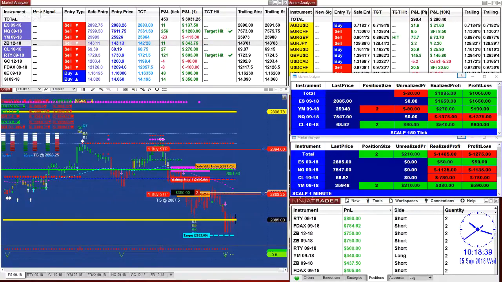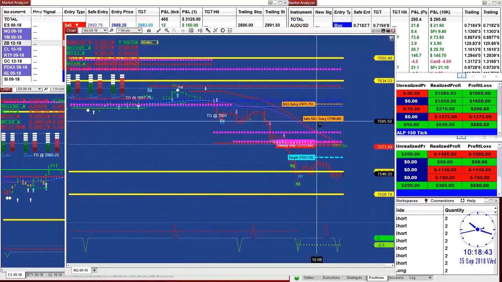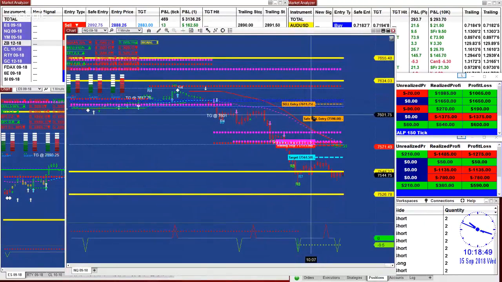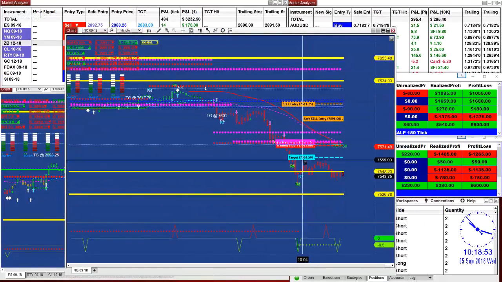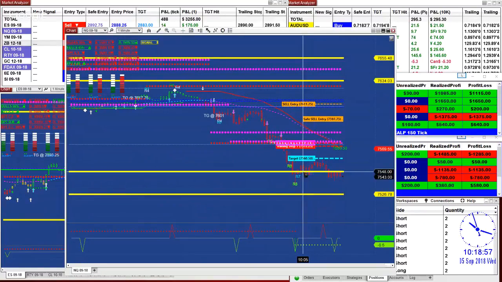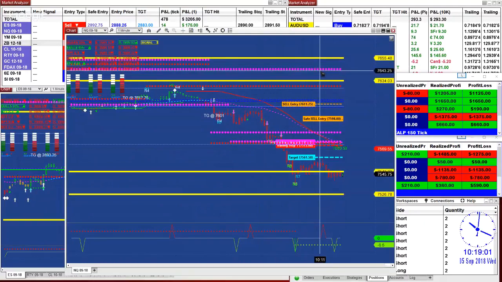Now, if we want to cover the Nasdaq, here is our sell entry. This is the re-entry point. This is a double resistance, and now we are way below our target. One thing we have done with the system, we have put two yellow lines here and here.